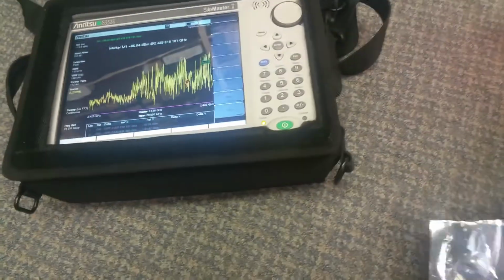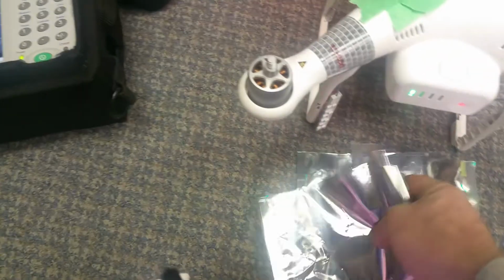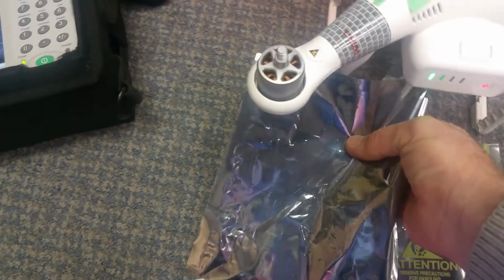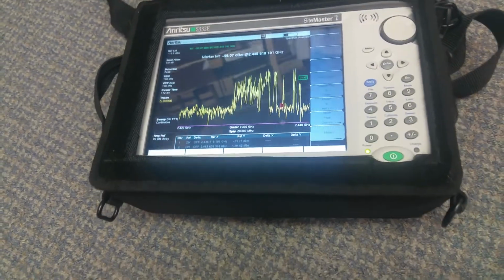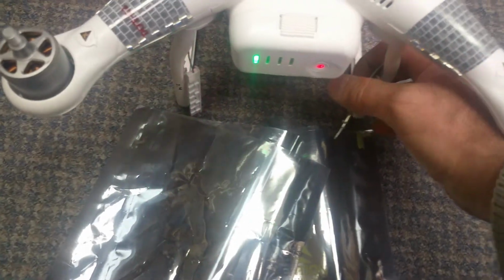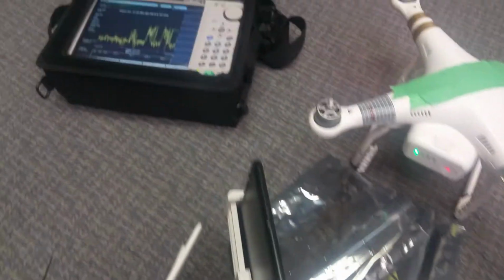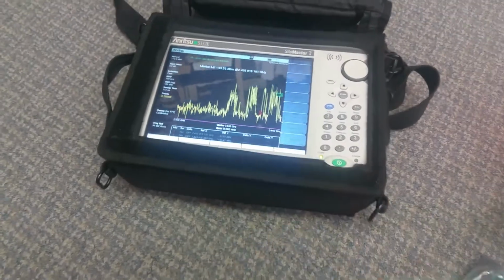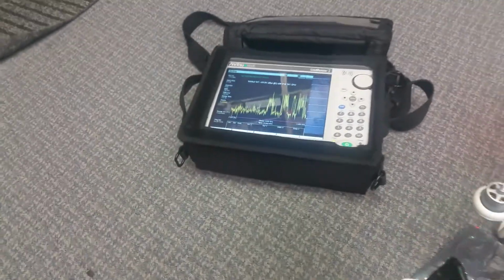Like I said, I had to isolate. So I put these antennas in the bag, and I look at the signal level. It drops. Then I take the bag out, and the signal comes back again. Then I isolate the 5.8 gigs, and I look at the 2.4 gigs signal, and it's not much of a change.